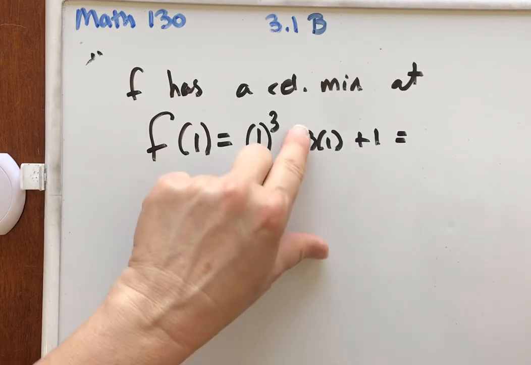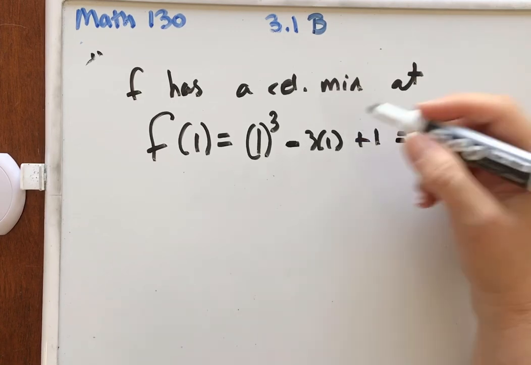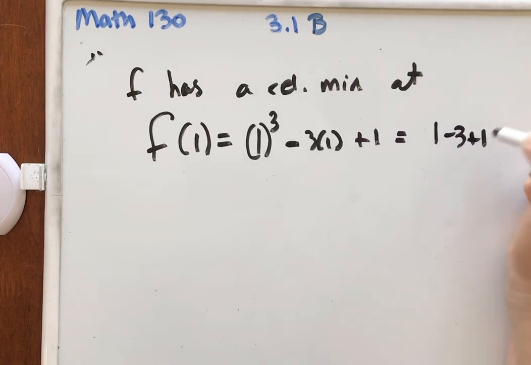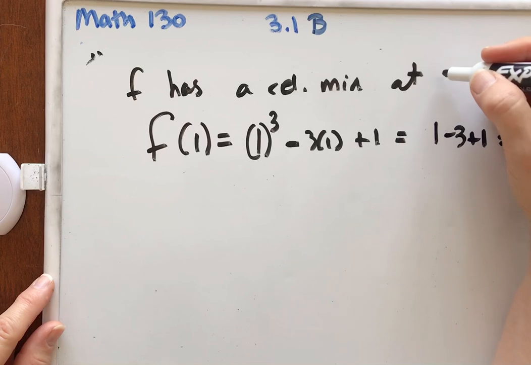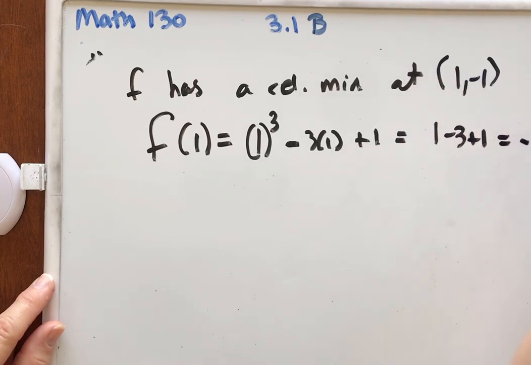It's -3. I thought so. Okay. That's 1 minus 3 plus 1, which equals -1. So we say F has a relative min at 1, -1.